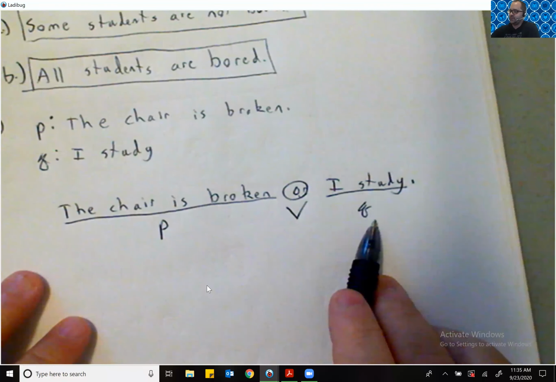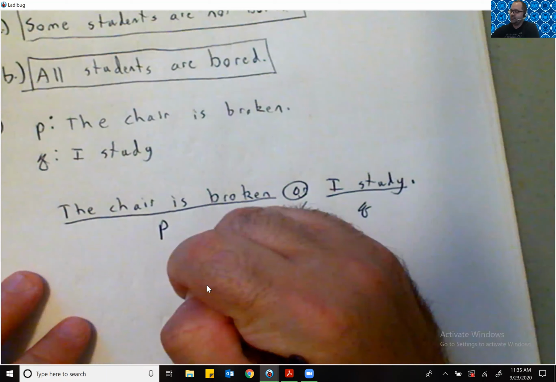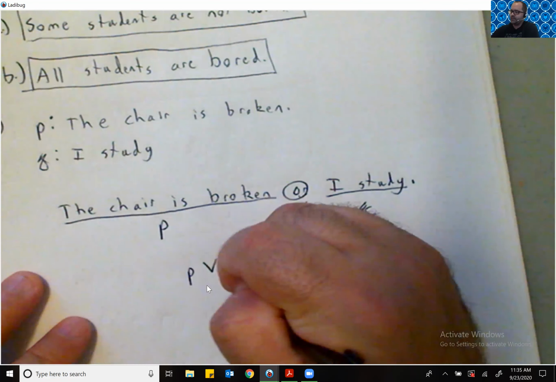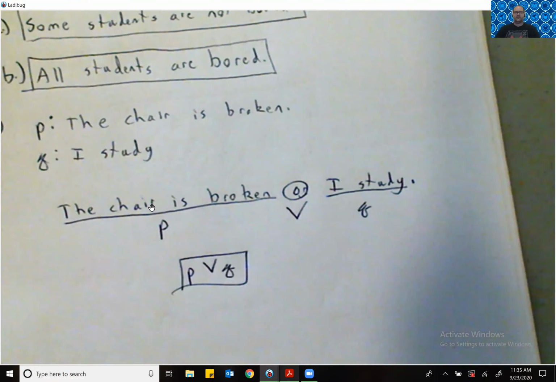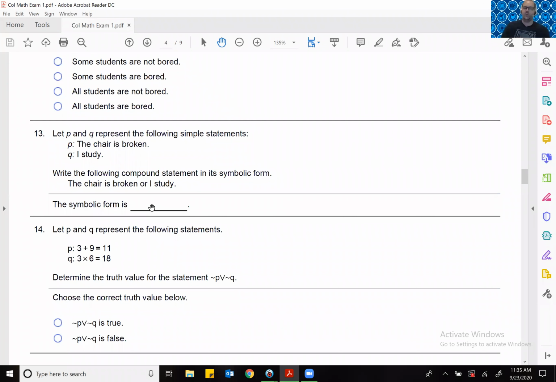Perfect. P, V, Q. Now, when you do this, make sure that you are using their symbols. Do not use a capital V. You need to use their symbol for or.